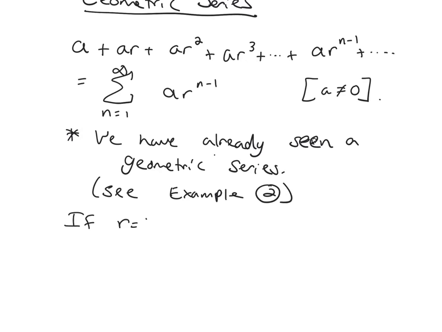If R equals 1, my first term is A. What's my second term going to be? A times R, A. Next term? A times 1, A. I'm just adding A to itself a bunch of times, because I'm multiplying by 1 to get my next number.